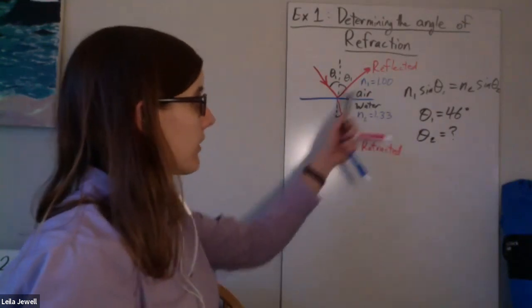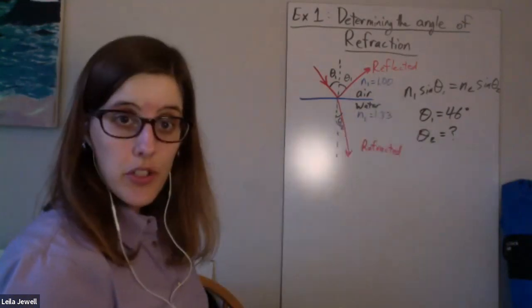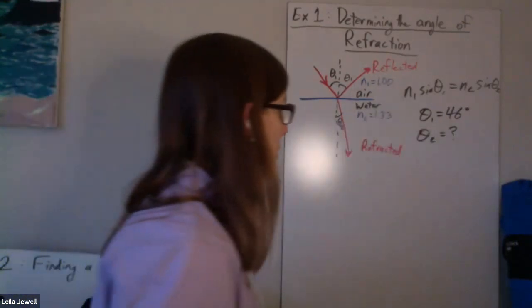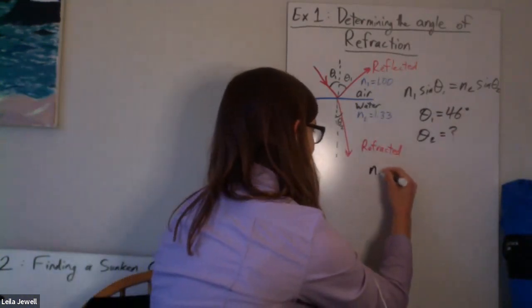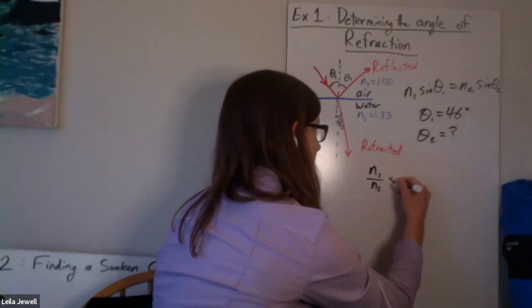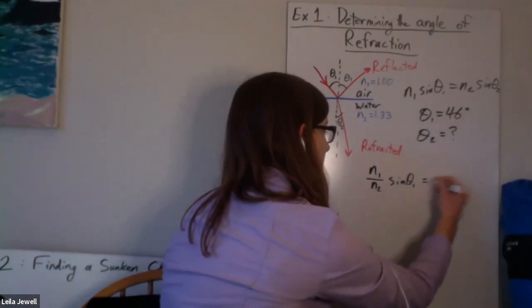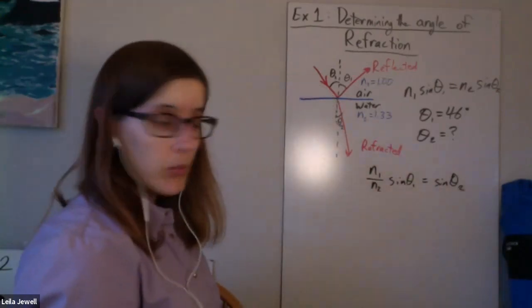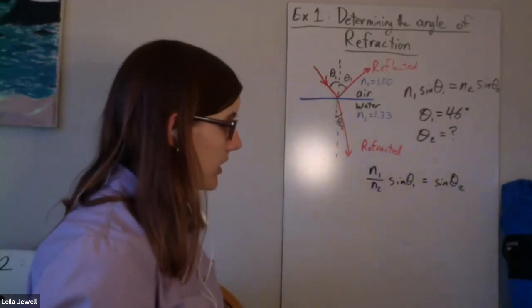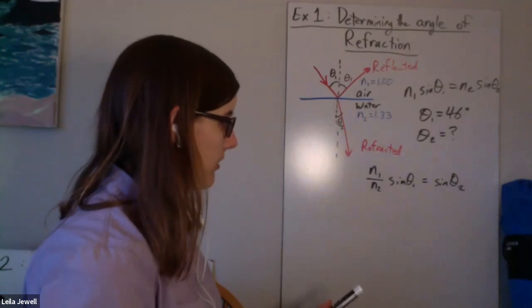So we've identified all the variables. Now it's just manipulating the equation to solve for theta 2. So I'm going to divide n2 to the other side. So I have n1 divided by n2, sine of theta 1 is equal to sine of theta 2. And we're just about there. If I take the inverse sine of both sides, then we'll be home free.